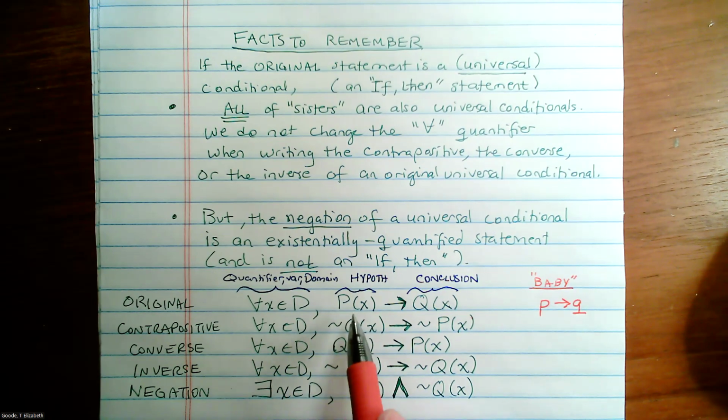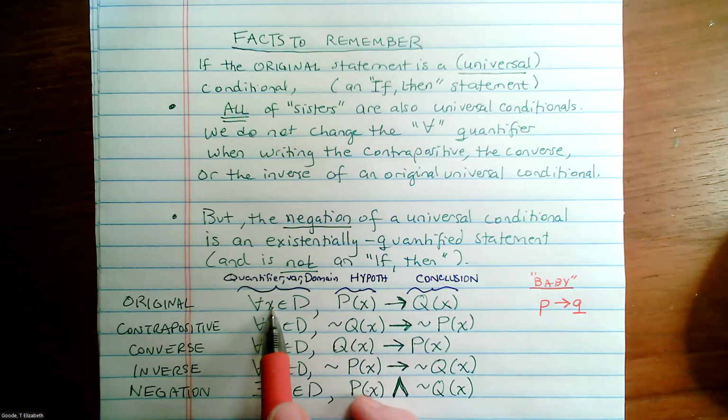But now we are talking about statements involving variables. Technically, those are predicate statements, and they're not actually statements until we plug in a value for the variables. Once we know what x is, here, here, and here, it's the same x. But once we actually insert a particular value for the variable x, then this predicate becomes a statement that we can evaluate in terms of its truth value.